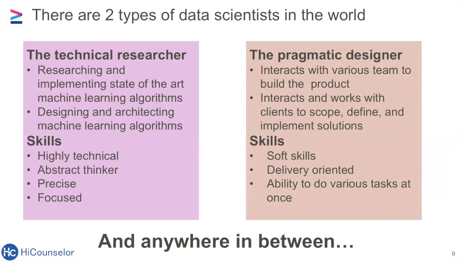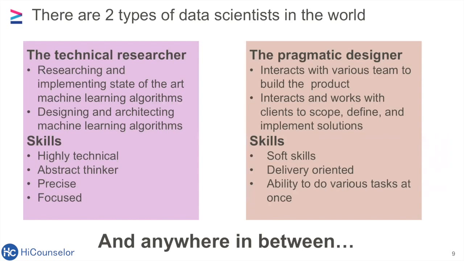It's a lot about people skills, as I mentioned earlier: understanding what the team wants, building the product out, scoping out the client's work, defining the problem we're trying to solve, and implementing the solutions. All these tasks are more soft skills. In a lot of ways, you don't really have to build these models yourself, as long as you're ensuring that these things happen and having good in-depth knowledge of the technical aspects.